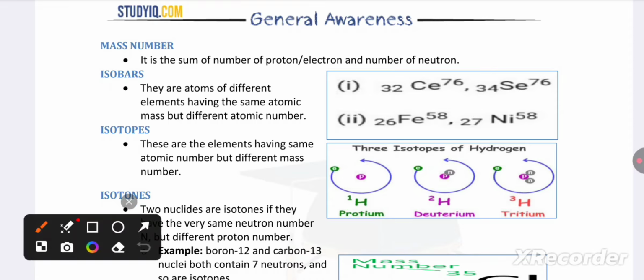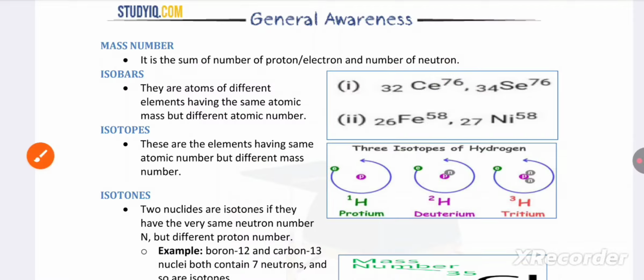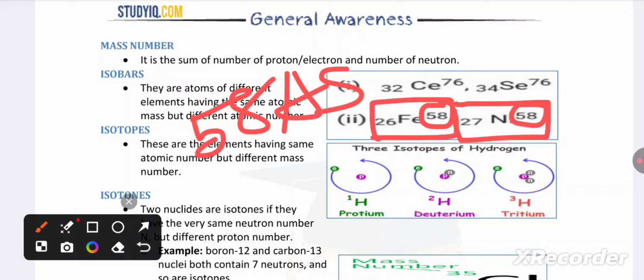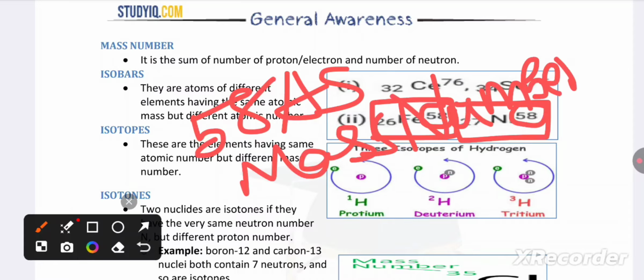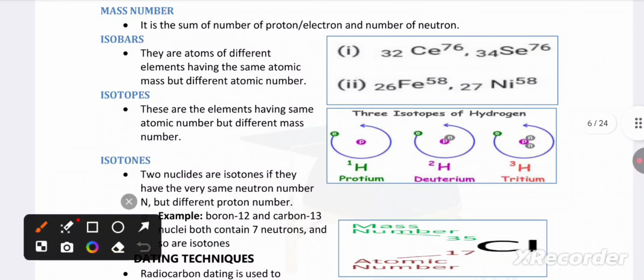As we know, the mass number is present at the top, that means the number of protons or electrons plus the number of neutrons. Here, iron and nickel both have the same mass number, 58. That's why they are called isobars.